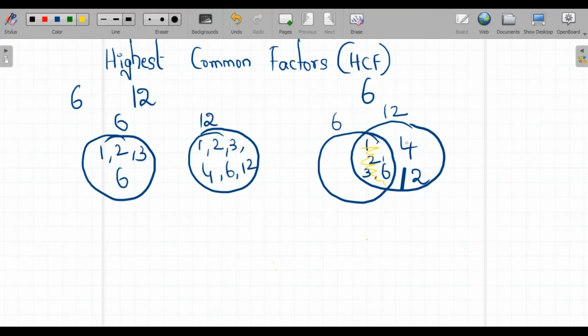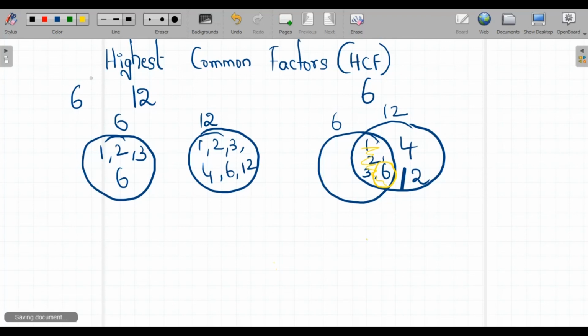For 12, however, you have a 4 and a 12. So this is written in this area. So now you can pick out all the common factors of 6 and 12, of which the highest is 6. So we can say HCF of 6, 12 is 6. So this is also an alternate method to find out HCF or GCD.